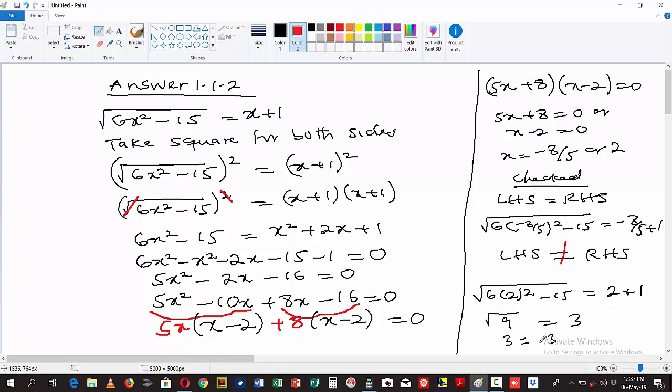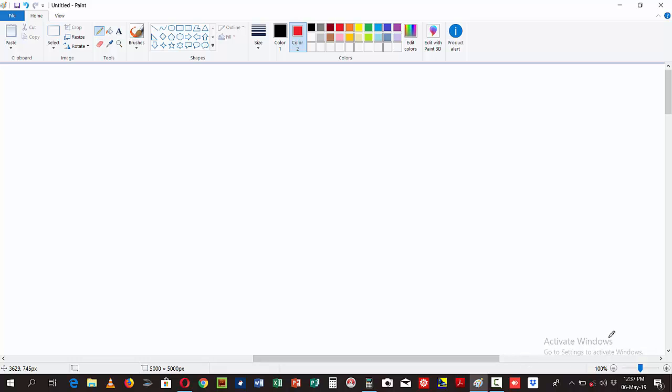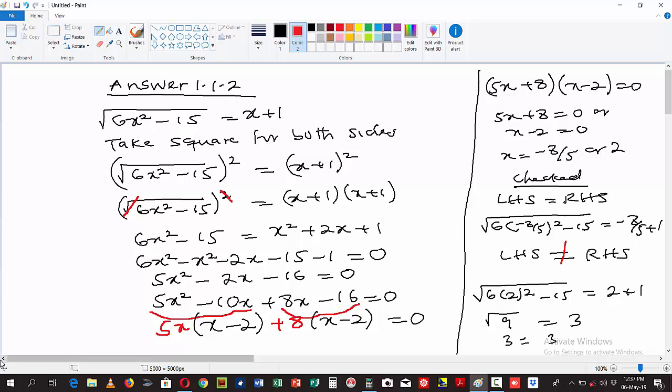We can see our left hand side is the same thing as the right hand side. So therefore, x is equal to 2. So the answer for question 1.1.2 is x equal to 2.